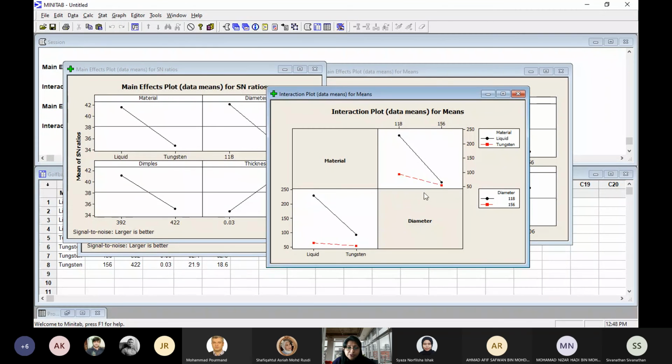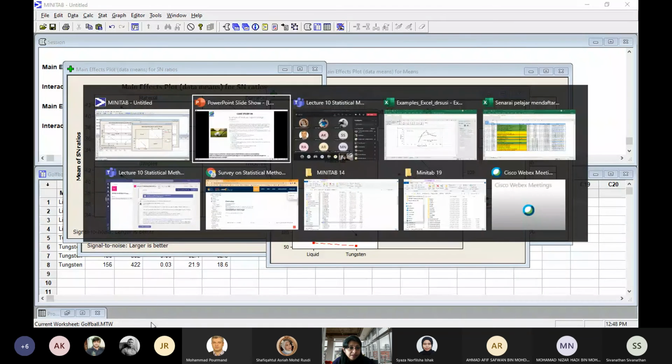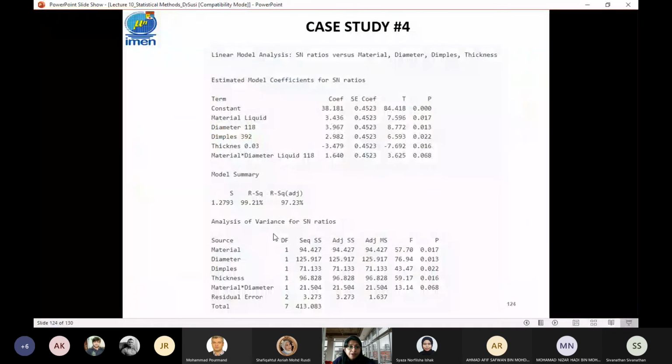So what's the summary of this? Let me go back to my slides. Okay, so these are the output parameters. You can look at the signal to noise ratio, which is calculated by Minitab. It's important to look at the R-squared values, the error values, to make sure that they are near 100 so that you minimize your number of errors.